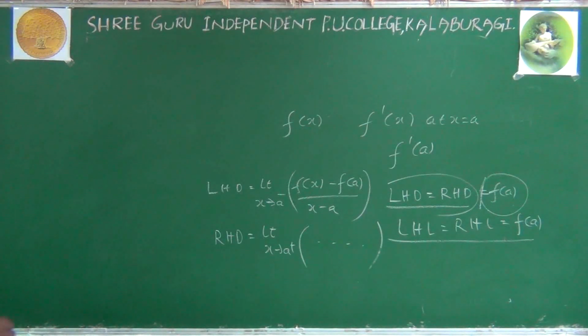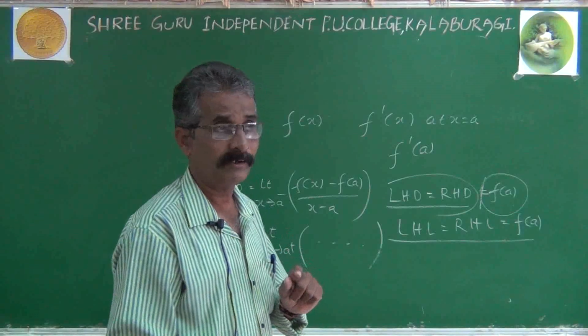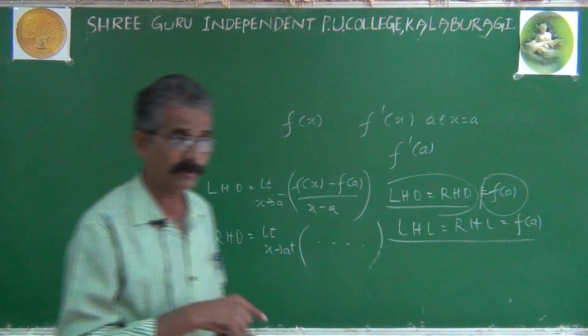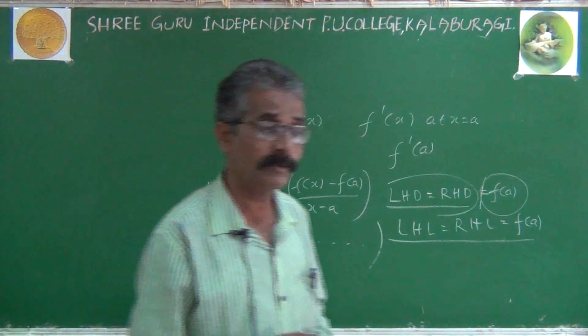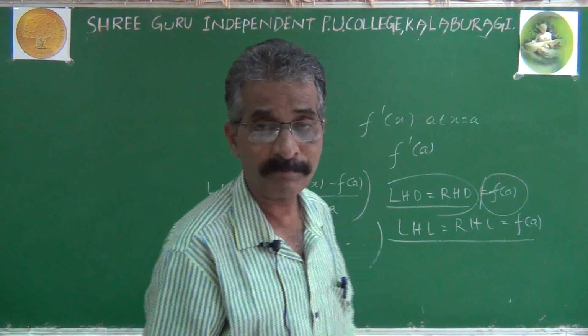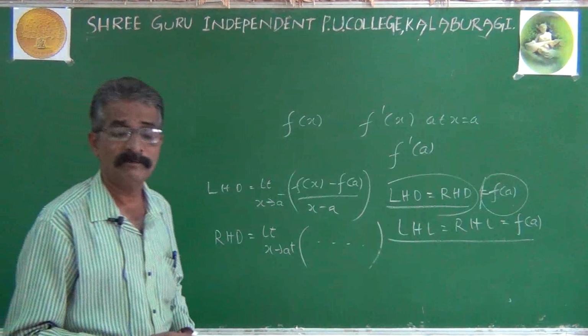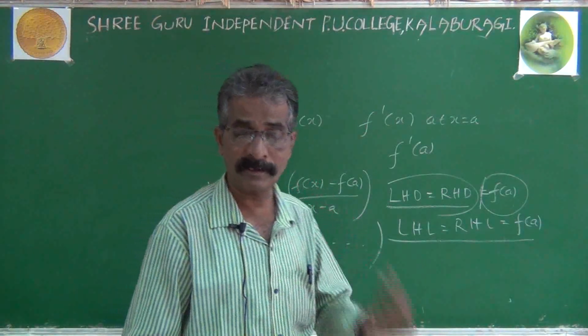Now we have one theorem. The upcoming theorem says that every differentiable function is always continuous. Further, by an example we shall prove that the converse may not be true. Means a continuous function may be differentiable, may not be differentiable, but a differentiable function is always continuous.